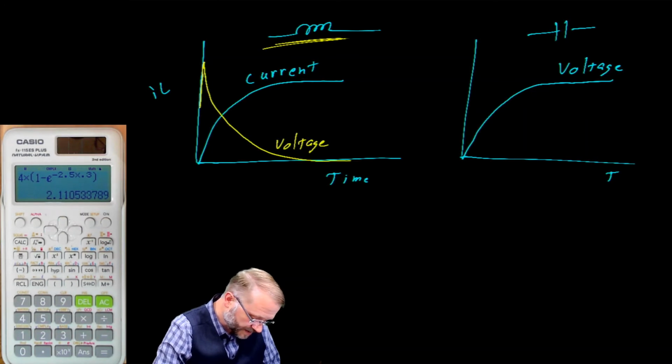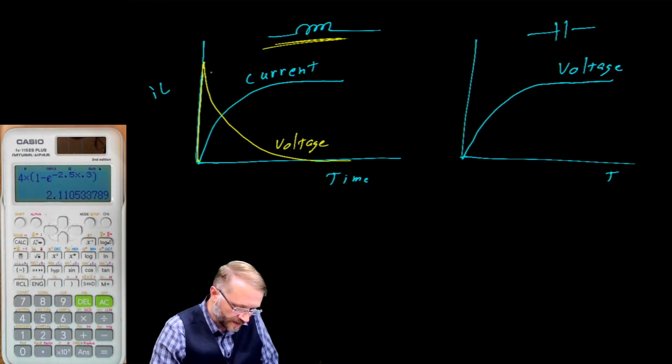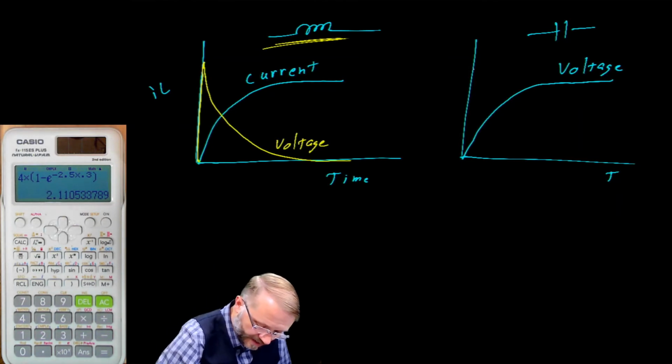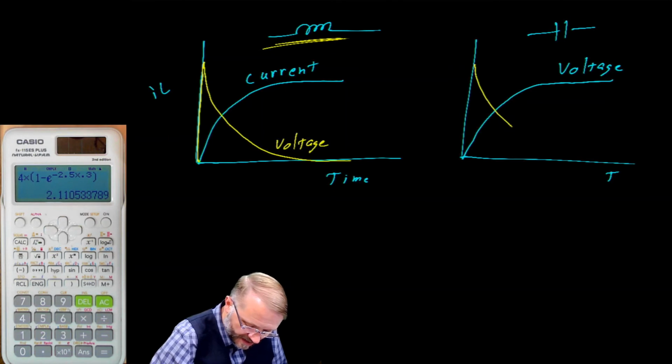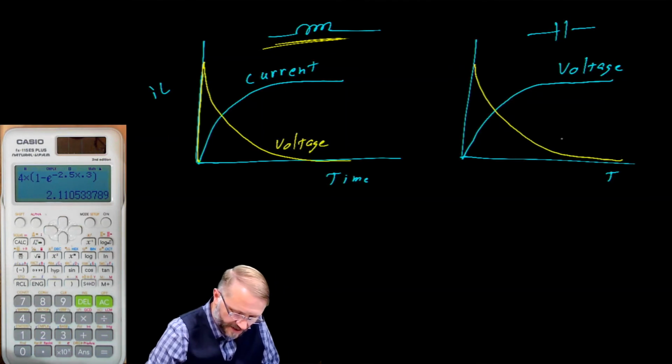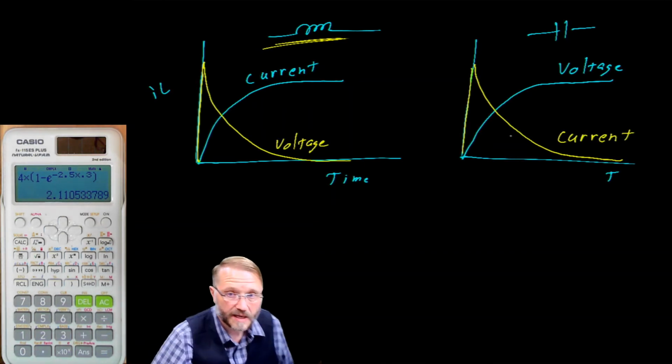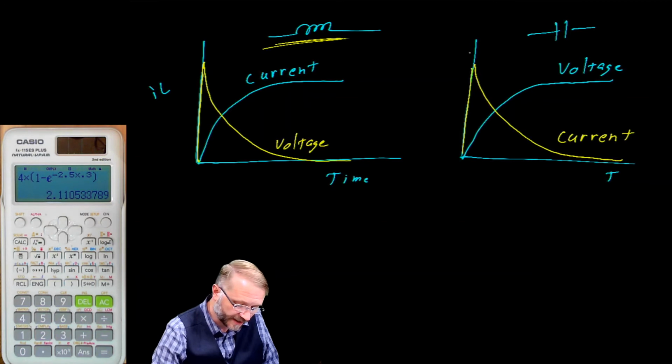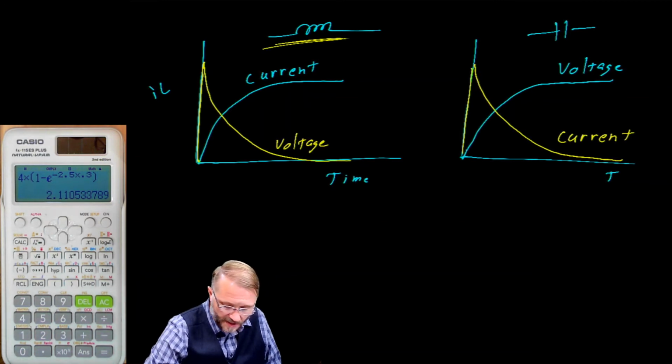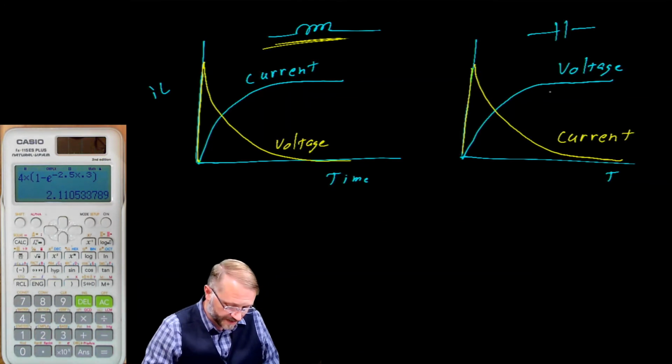So the voltage spikes up very high, and then it decays, where the current starts at 0 and then it builds. On the capacitor, we end up with a similar situation, except this time it's the current that starts high, and then the voltage follows. At time 0, when we close the switch, we get that high current, which then decreases as the voltage builds.